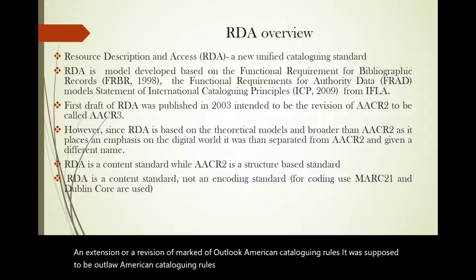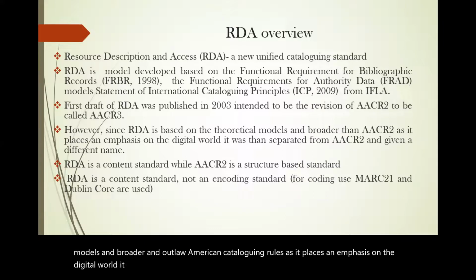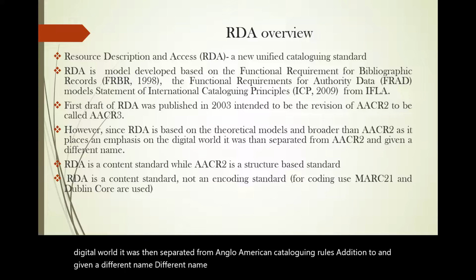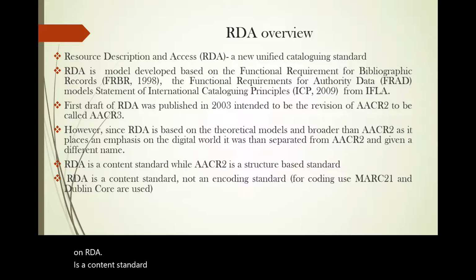However, since RDA is based on theoretical models and is broader than Anglo-American Cataloging Rules, as it places an emphasis on the digital world, it was separated from Anglo-American Cataloging Rules and given a different name. That different name was Resource Description and Access. As indicated earlier, RDA is a content standard, while Anglo-American Cataloging Rules is a structure-based standard.